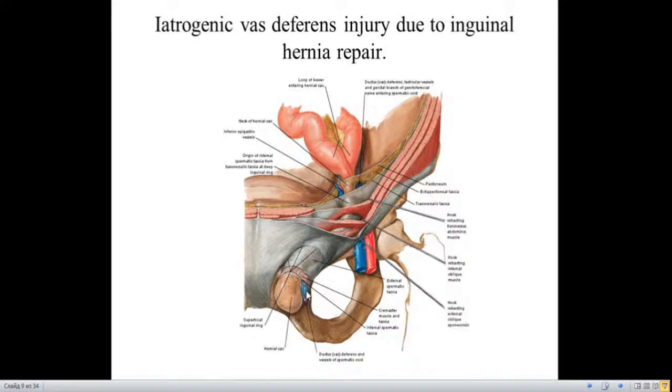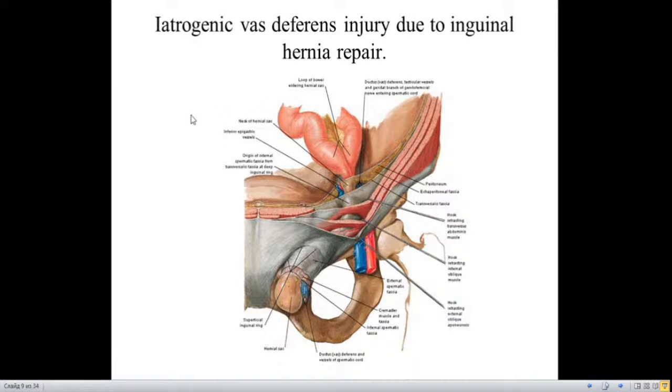And how does it relate to what we are talking about? You see that one of the structures passing through the inguinal canal is ductus deferens. So during herniotomy, the surgeon must keep in mind the presence of ductus deferens and be very careful to avoid damage to vas deferens, because it might cause sterilization.